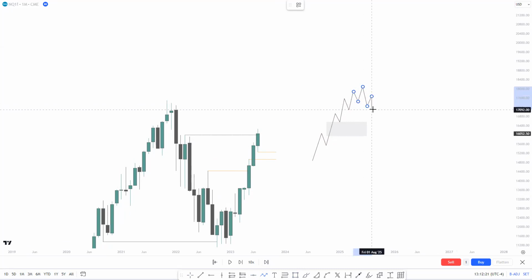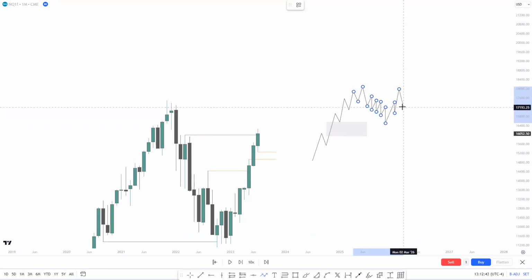So it's going to make a market structure shift. Then in the retracement, there's going to be a lot of generated liquidity. And then when price taps this fair value gap and makes a market structure shift, this indicates that now we might go into the external range liquidity.